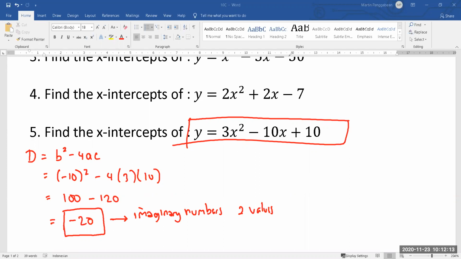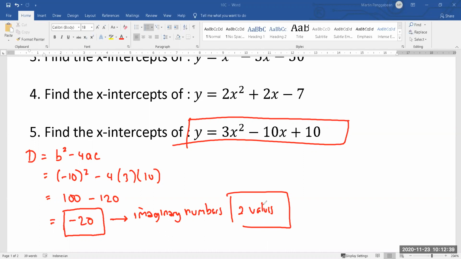I hope you're clear now. Previously, you could answer that there is no x-intercept here. But for now, I don't want you to go that way. Just answer: imaginary numbers, two values.